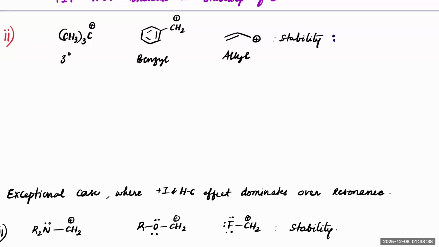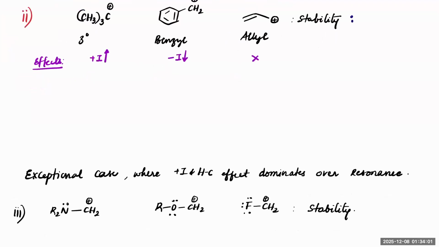The first effect, if you compare: here we have a high amount of plus I. Here benzyl usually shows minus I. Allyl, there is hardly anything because this carbon and this carbon have mostly the same electronegativity, so it will not contribute much to the carbocation.